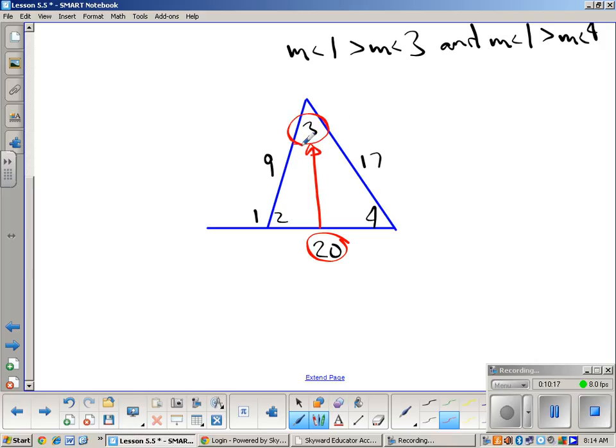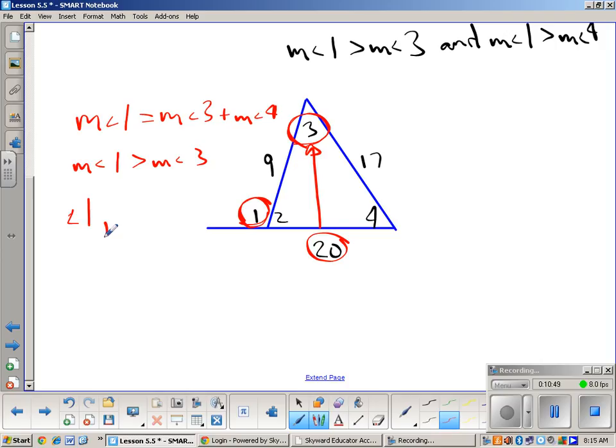Except the rule we just talked about says since the measure of angle 1 is equal to the measure of angle 3 plus the measure of angle 4, then the measure of angle 1 is bigger than the measure of angle 3. So in the triangle, the largest angle is 3, but then 1 is bigger than 3. So the biggest angle is angle 1.